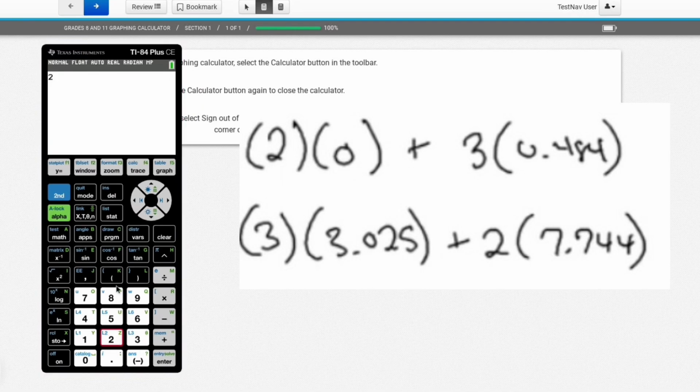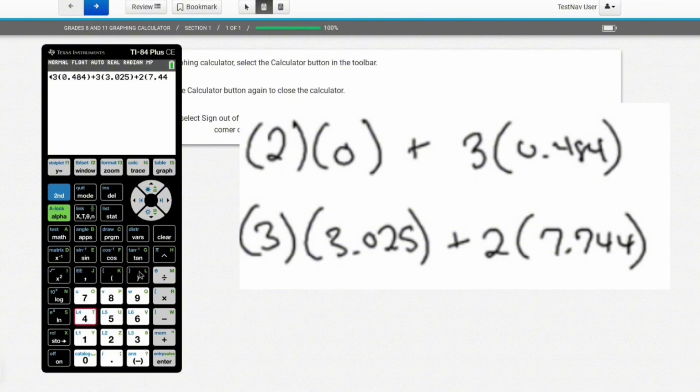Okay, 2 times 0, probably don't need to use that, but I did it anyway. The next one was 3 times 484, so 0.484, easy to memorize, that's a Pottstown area code from where I'm from, plus 3 times parentheses 3.025, and then the next one was 2 parentheses 7.744.